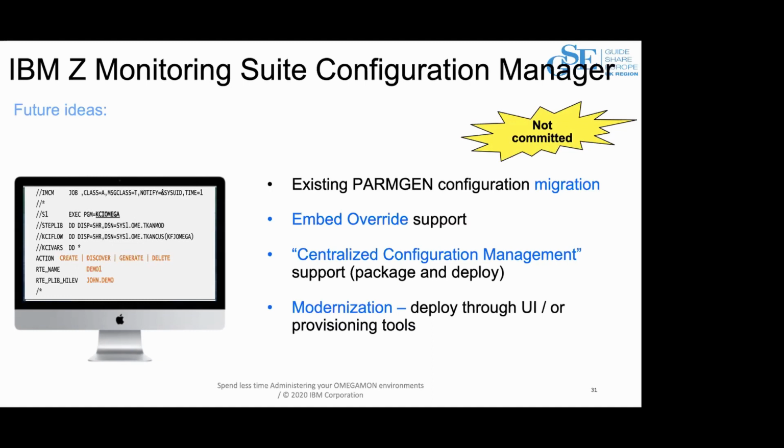That may need a possible provisioning tool option. So, like it says here, modernization. Some customers say maybe we would like a UI, a graphical user interface, rather than ISPF panel driven. Could we do it through a UI? Or could you do it through a provisioning tool, maybe through GitHub or some other tool like Jenkins?